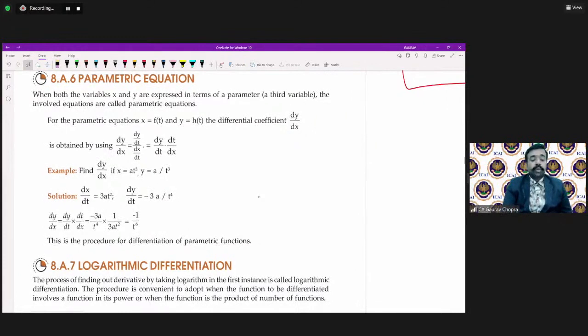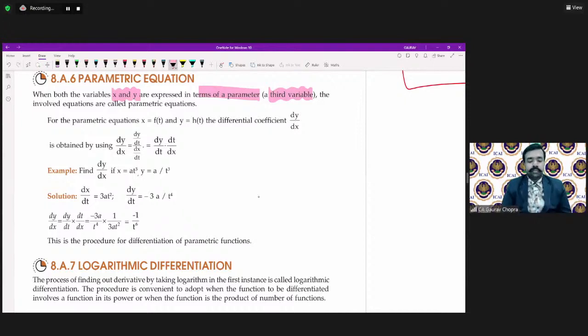When both the variables, that is x as well as y, are expressed in terms of a parameter, that is a third variable, then those equations are known as parametric equations.